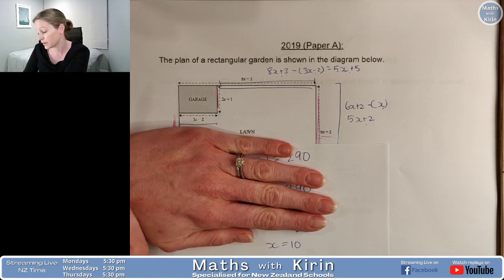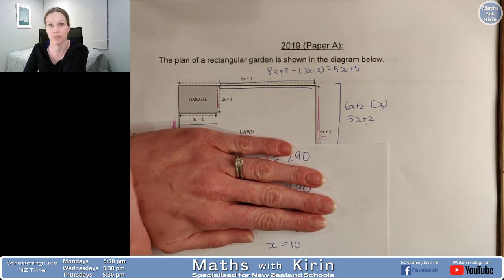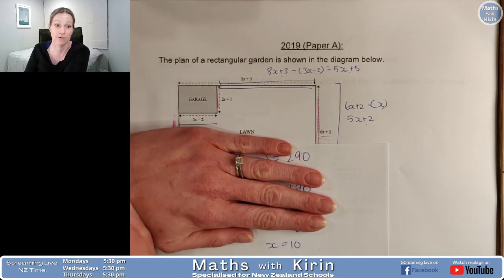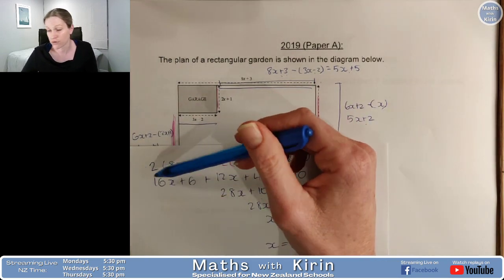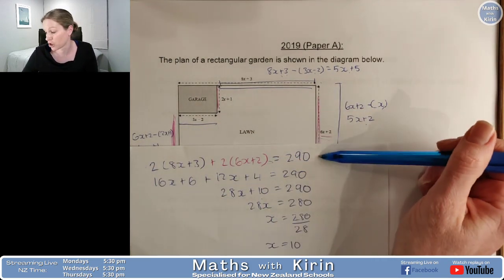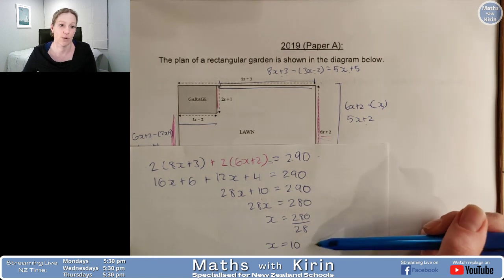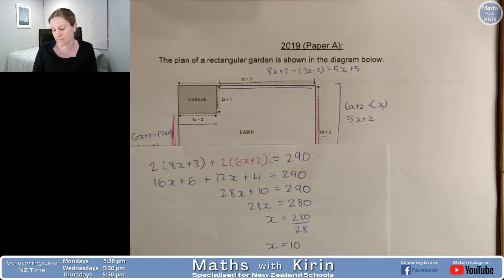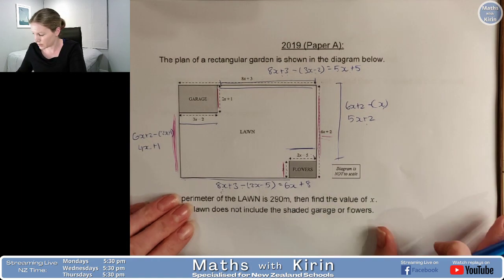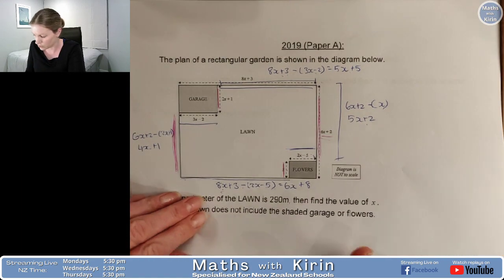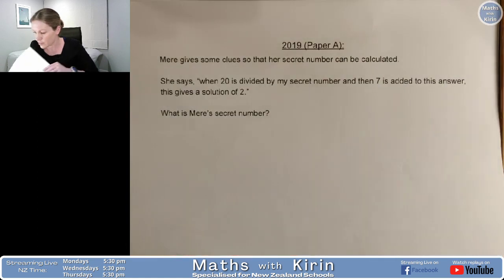You can, in a paper, quite often have one instance where you just have a correct answer only, and you may have used guess and check. So to get full marks and throughout your whole paper, just make sure that you are showing the equation and a little bit of working in order to get that x equals 10. It's really important. Cool.